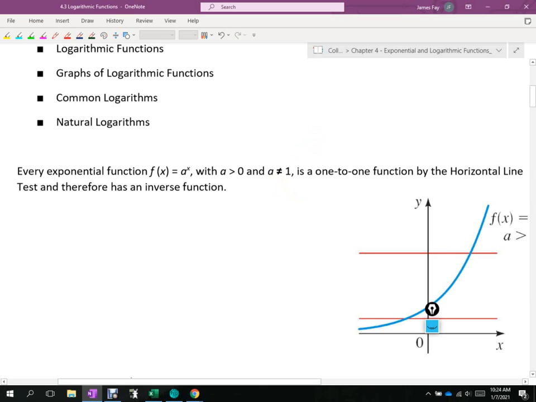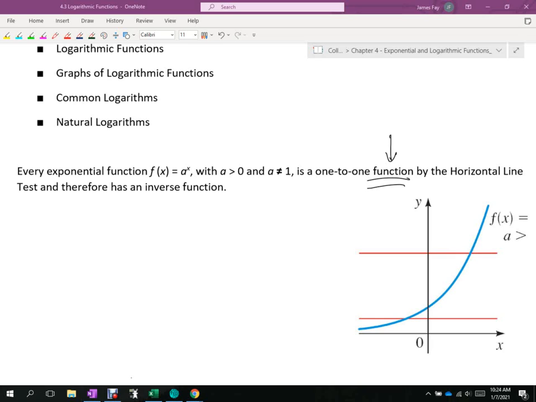It says every exponential is a one-to-one function. First of all, we know it's a function. Every one of these blue curves, a to the x, is going to pass the vertical line test. But because every exponential function is either always increasing or always decreasing, that means they're monotonic.